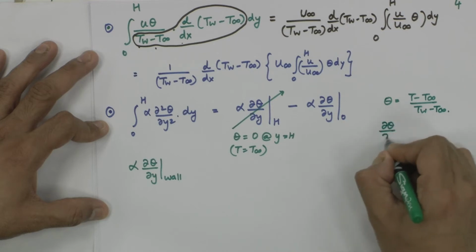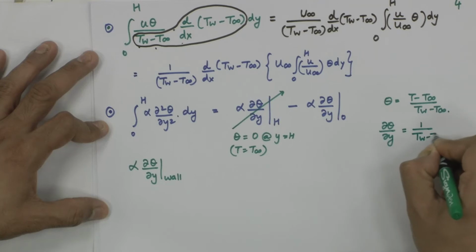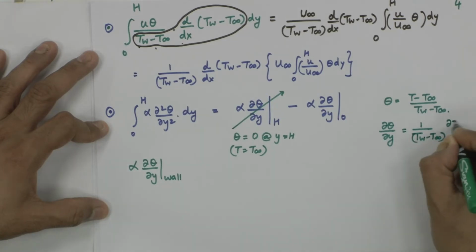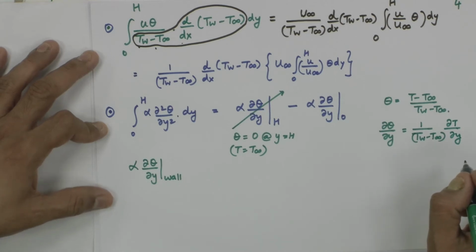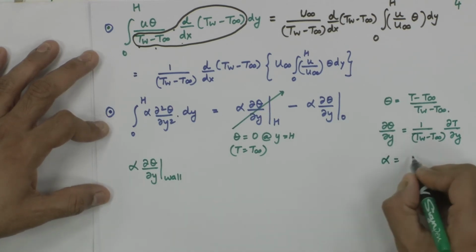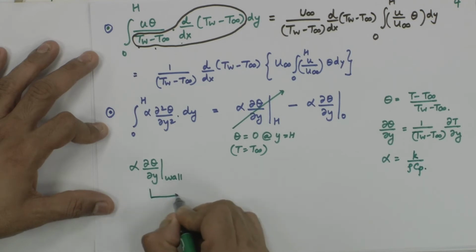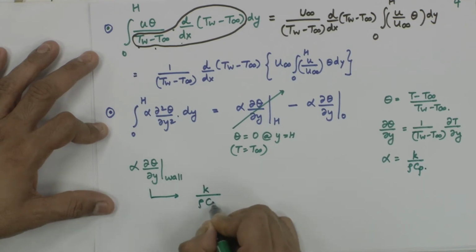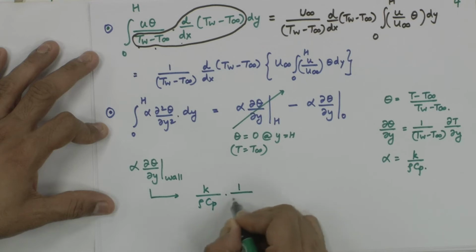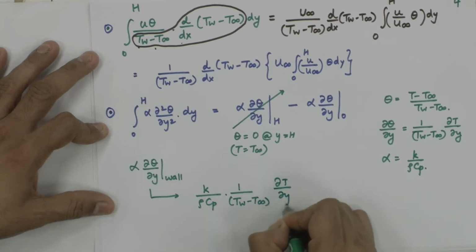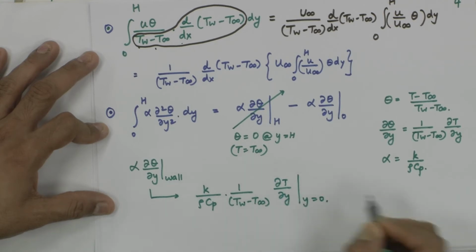So d theta by dy is nothing but 1 by T wall minus T infinity times dT by dy. Is that right? Correct. What is alpha? Alpha is k over rho Cp. So this quantity is nothing but k over rho Cp, times 1 over T wall minus T infinity, times dT by dy evaluated at the wall.